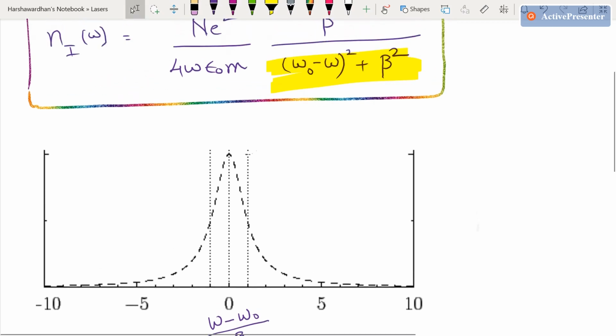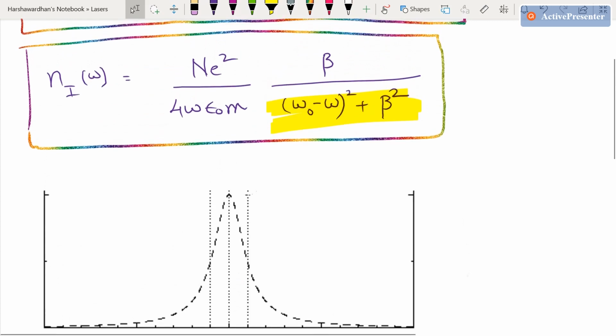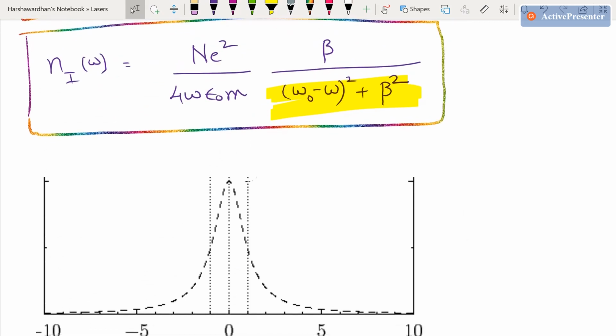Beta is my natural scale with which I rescale my frequency differences. Let me again remind you, omega naught is the atomic resonance frequency, that's a natural frequency, and omega is the drive or the incoming frequency that is driving this oscillator. So the resonance condition is of course when omega equals omega naught.